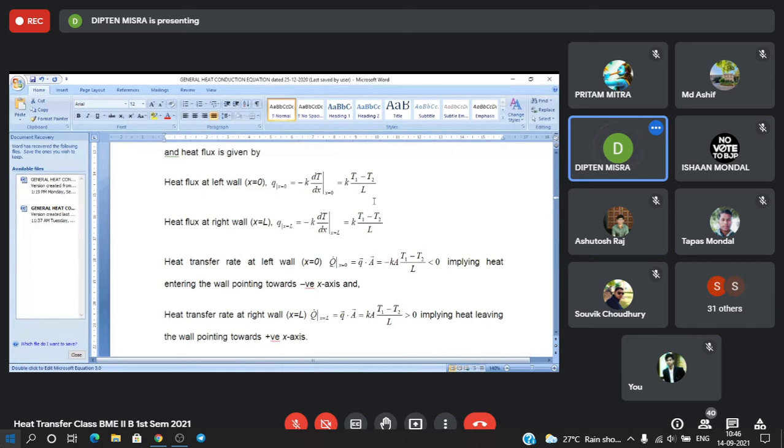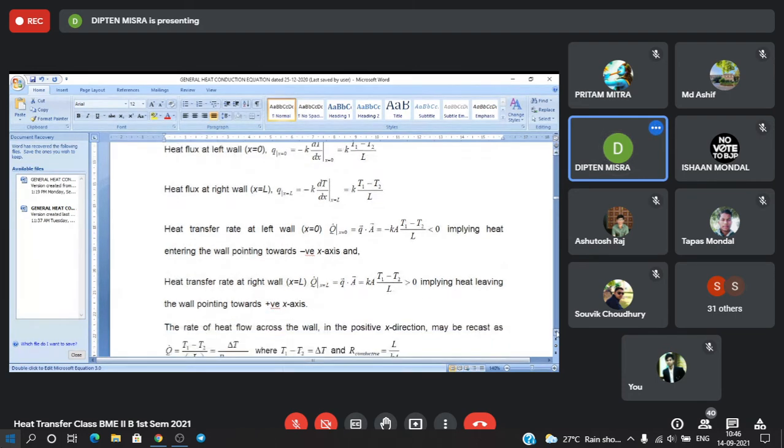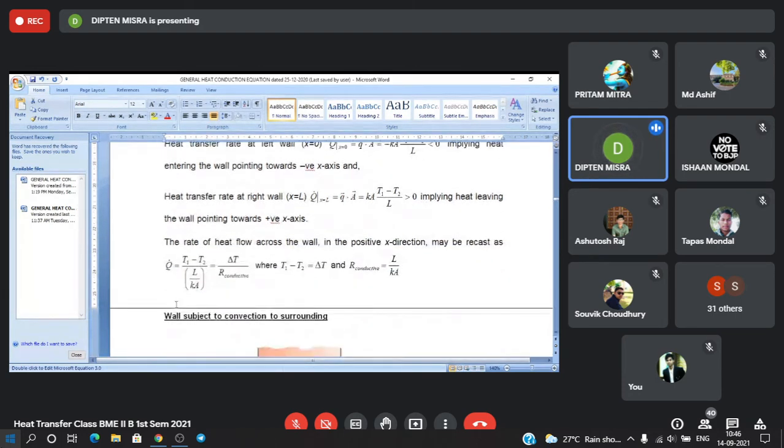So this will be equal to K into A into T1 minus T2 by L. And you can rewrite this as T1 minus T2 divided by L by K A. That Q dot, which we found as K into A into T1 minus T2 by L, we can rewrite in the form of T1 minus T2 by L by KA.